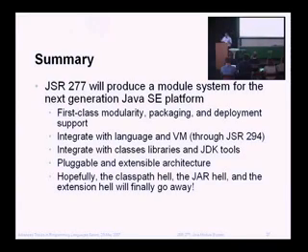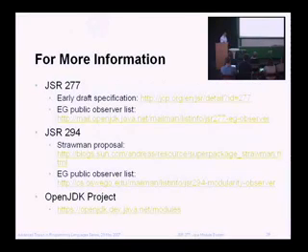And if you are interested in more information, you can check out the early draft specifications. It is currently available on the JCP website. One thing to notice is that all the contents that we cover today in these presentations is based on the revised specifications that is not currently available.